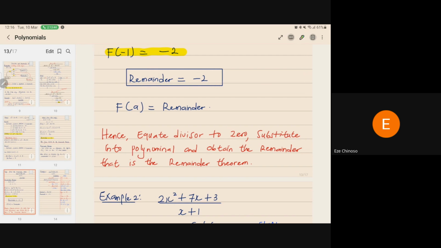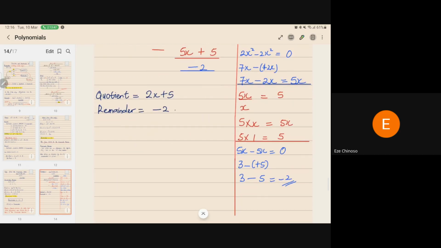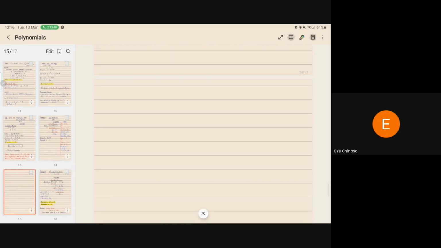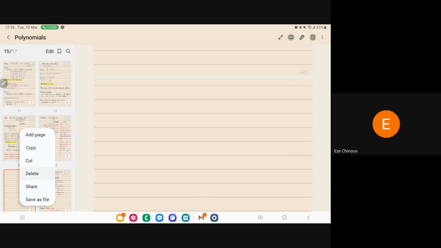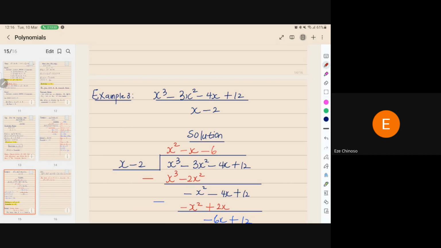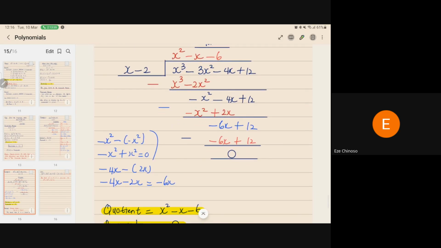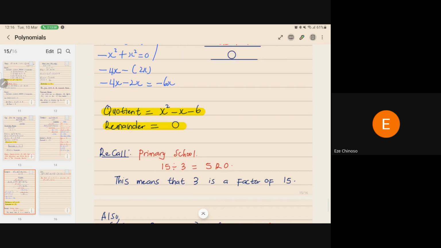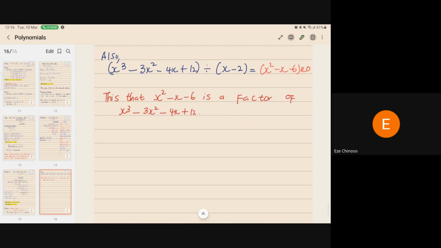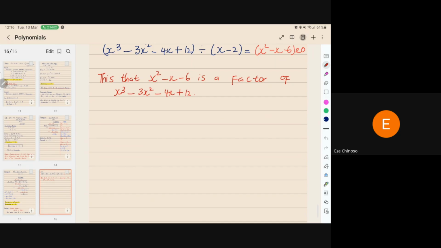With this example as well, I want to show you the factor theorem. Now, another thing I want to show you is what we call the factor theorem, right? You can see that after dividing this one, we have the remainder 0, right? So that is a factor of this.